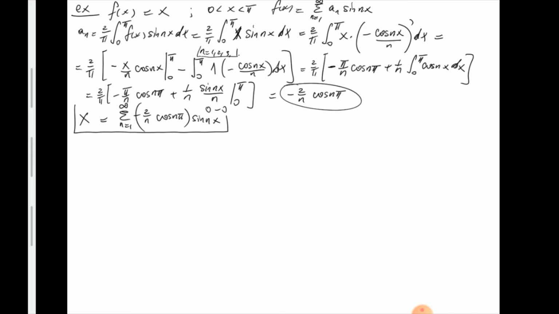But again, cosine of n pi is minus 1 to the n.